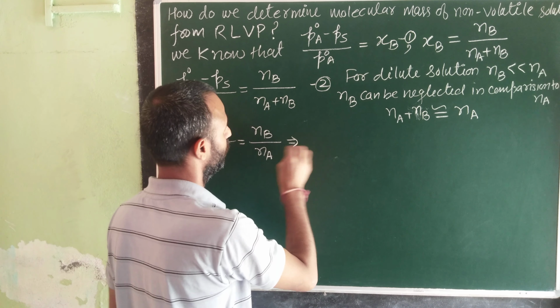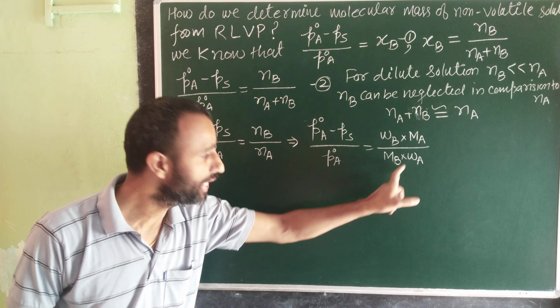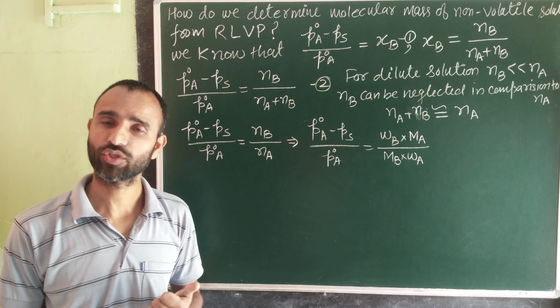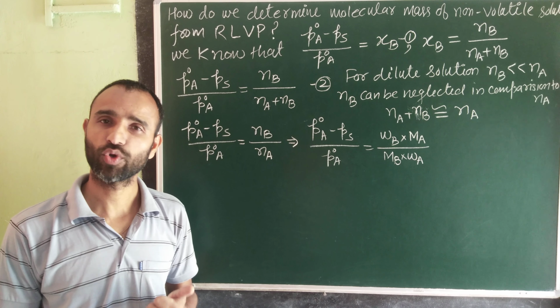So what is Mb? It is molecular mass of non-volatile solute. So in this way, this can be taken as third relation.